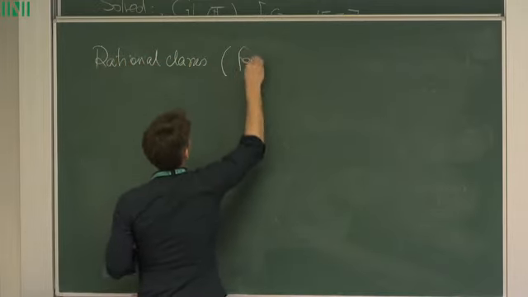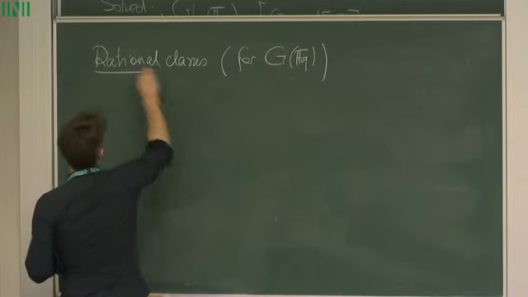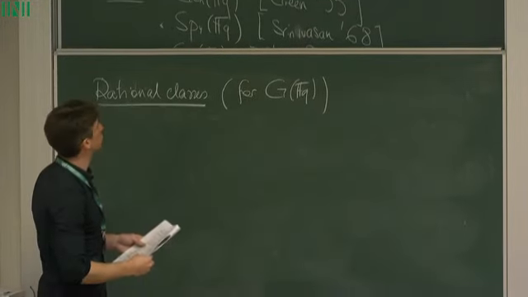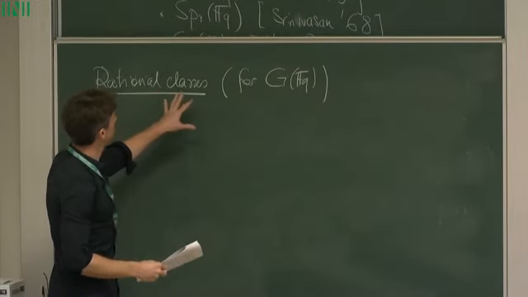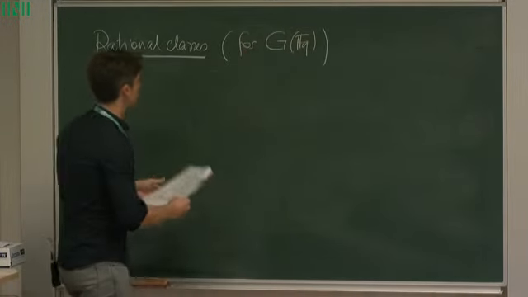So for G of FQ, I'll need to introduce another way to look at these FQ points using the Frobenius endomorphism.